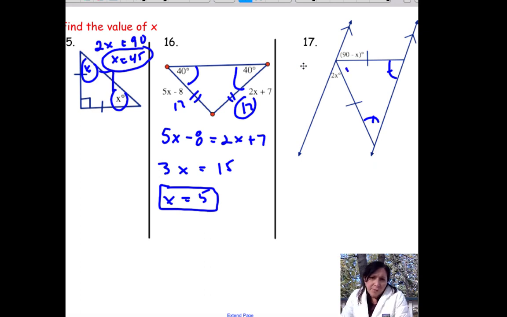We don't know what this is. So actually for this problem right here, we don't have enough information. You need one more piece of information, because I would have known this had they been all the same length. That is equal to that is equal to that. And then let's say these were all 60. Then you could find that. But for this problem, I actually don't have enough information.